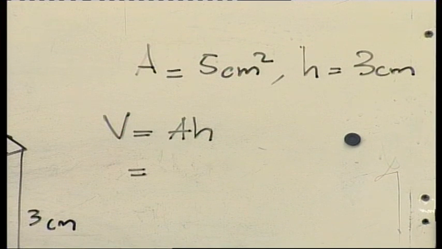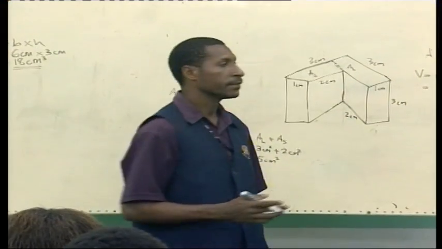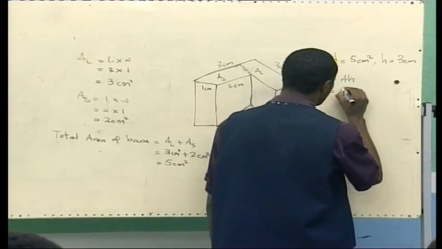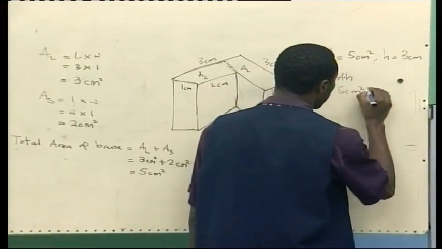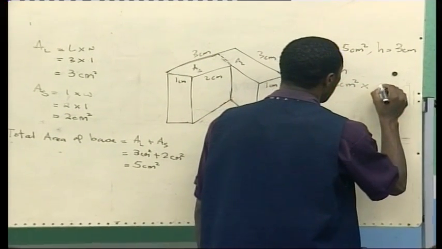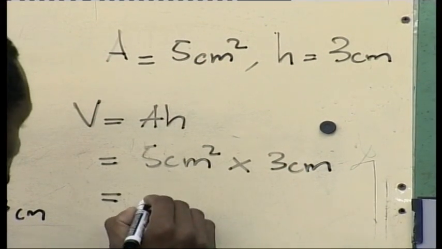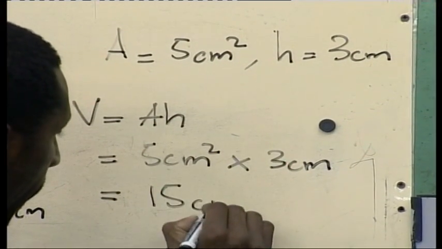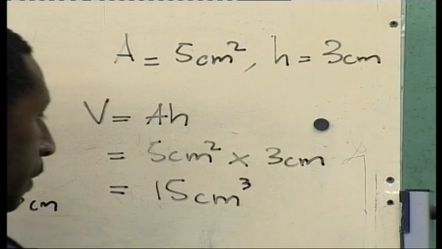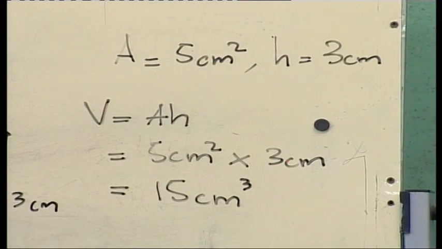How did you get that 15 cubic centimeter? 5 square centimeter, which is the area of the base, times 3 centimeter, which is the height. So we get the volume of 15 cubic centimeter.